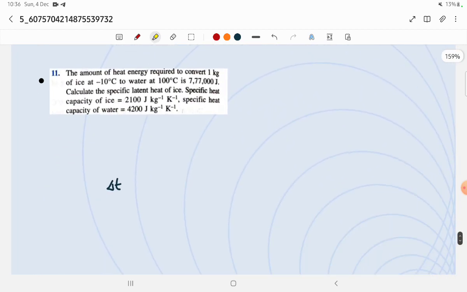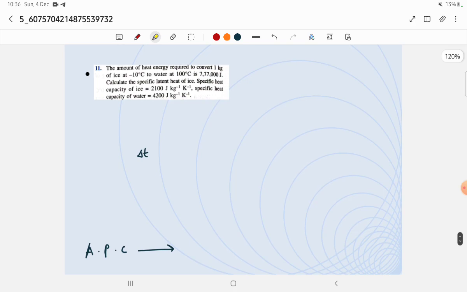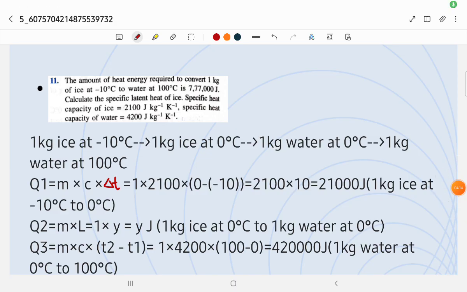Next question: the amount of heat energy required to convert 1 kg of ice at -10 to water at 100 degree centigrade.